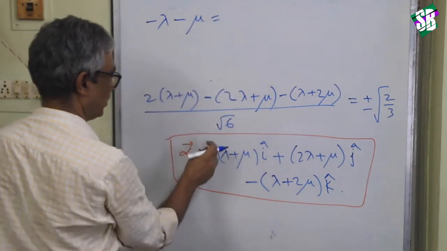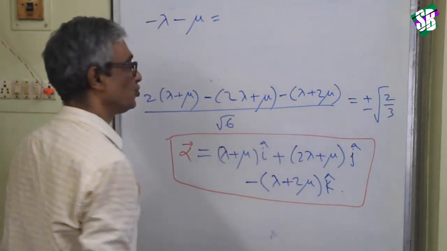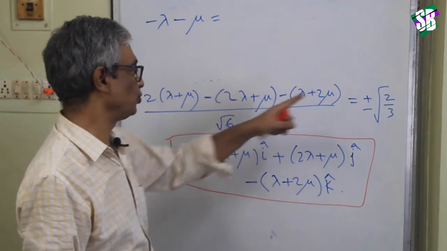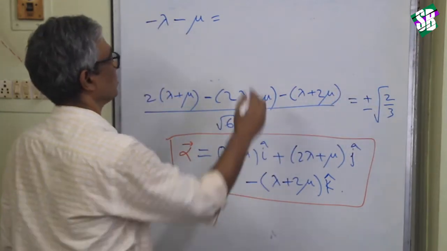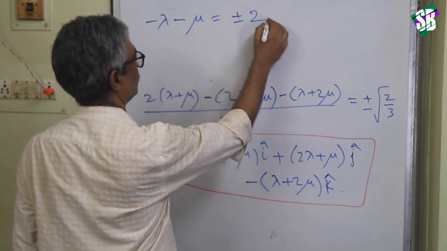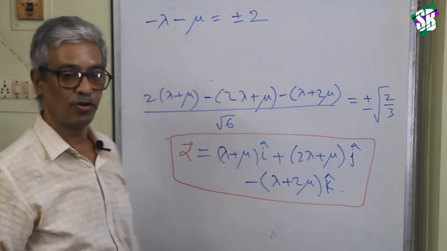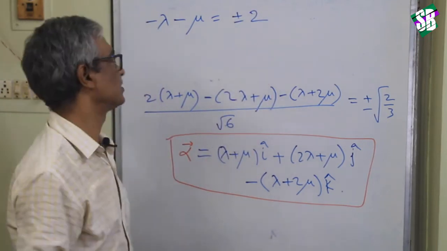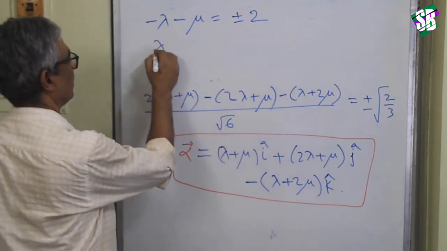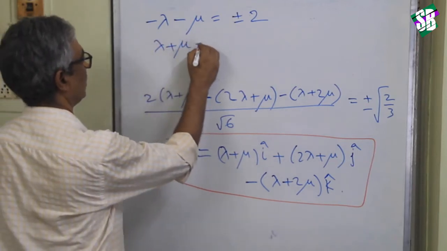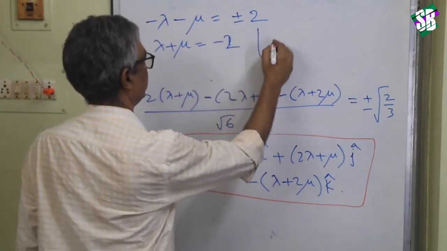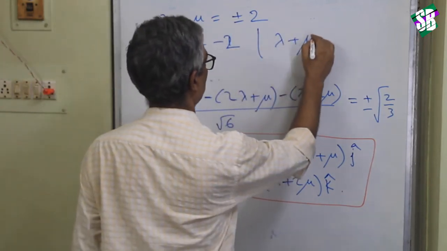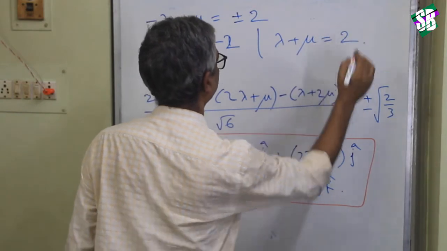If you bring root 6 over here, root 6 means root 3 into root 2, root 3 cancels out, so root 2 into root 2 means plus minus 2. So you have two cases: one is lambda plus mu equal to minus 2, and the other is lambda plus mu equal to 2.